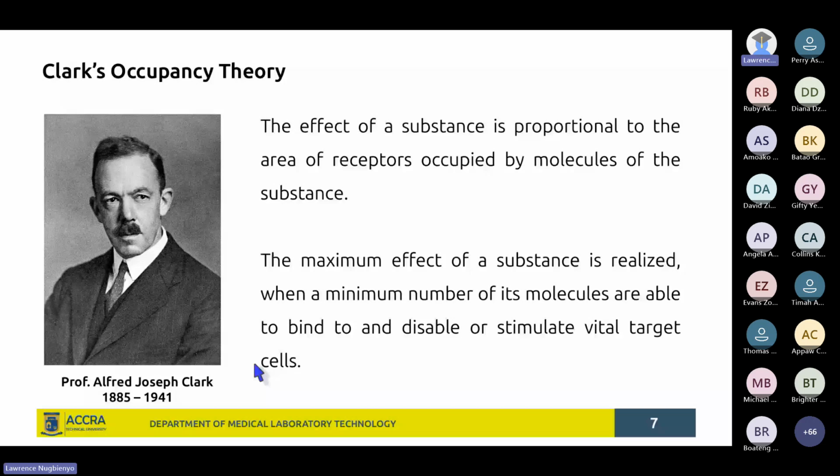I mean, simply put, if you have two substances, A and B, and you take, say, substance A at a concentration of, say, 0.1 mole per liter, and it is having a certain effect.